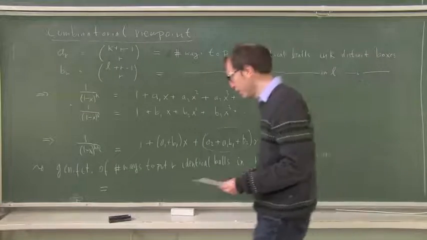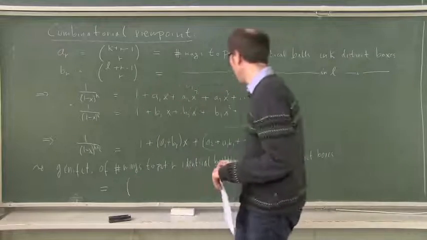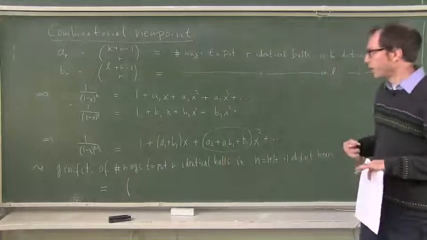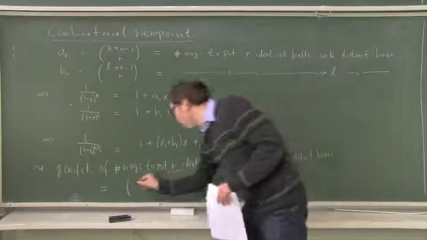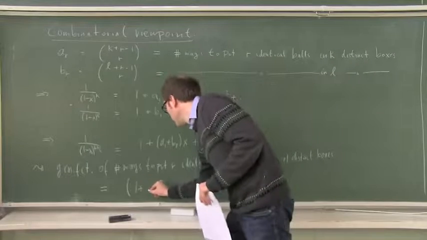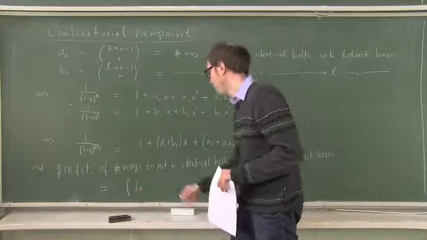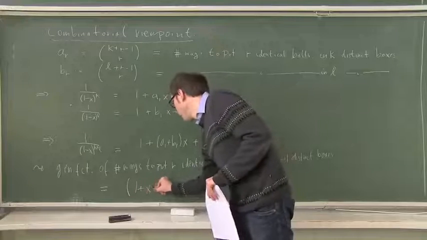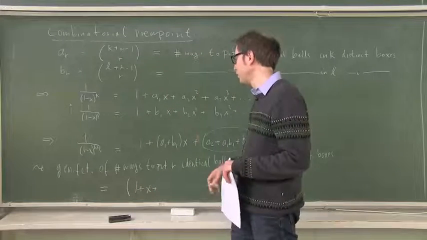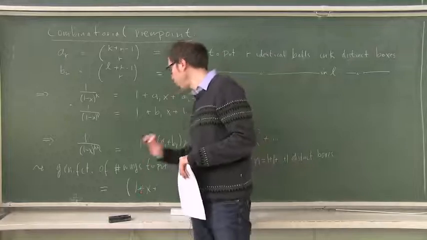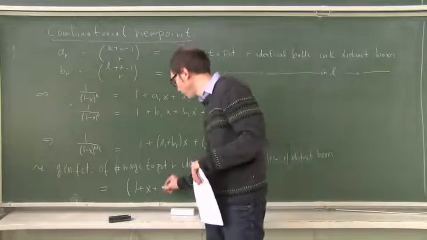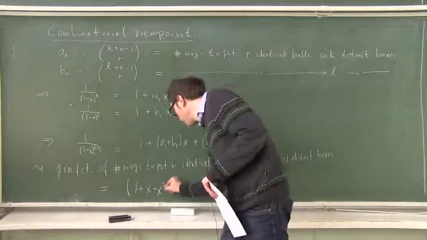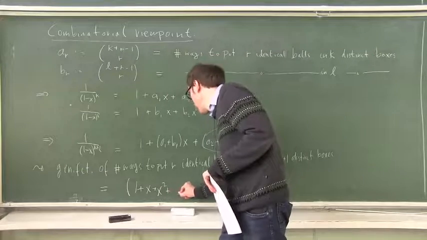So this means that the generating function for the number of ways to put r identical balls in one box is 1 plus x plus x squared and so forth: there's only one way to put no ball in there, only one way to put one ball in there, only one way to put two balls in there, and so forth.